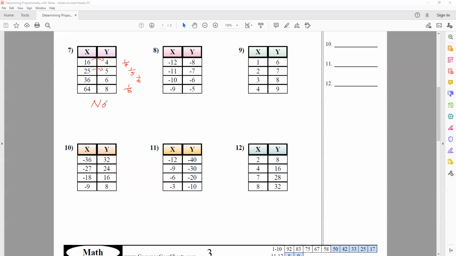Let's see, the number 8, the first one would be 2/3. Yeah.